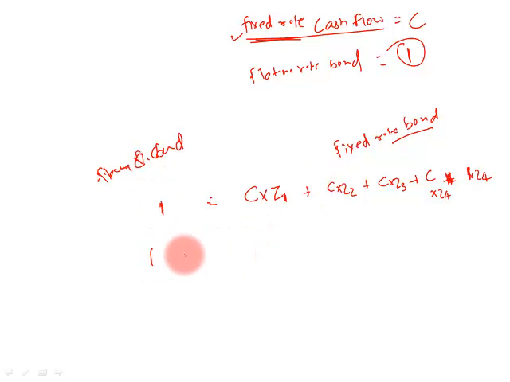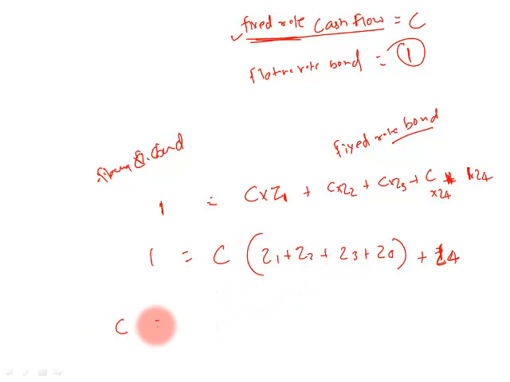Now let's solve for this. 1 is equal to C, I'm taking this common, (Z1 + Z2 + Z3 + Z4) plus this is Z4. So C is equal to (1 - Z4) divided by (Z1 + Z2 + Z3 + Z4).